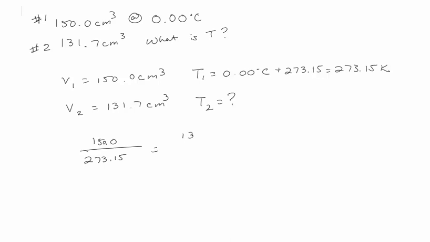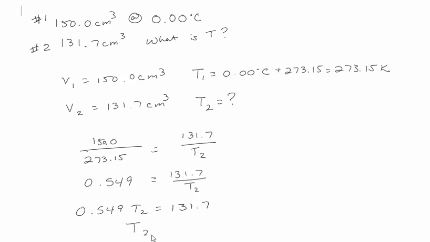And that is equal to 131.7 over T2. Now the algebra here, you multiply both sides by T2. Now I divide both sides by 0.549. And I get a value that is 239.82. I'm giving you too many digits on purpose, 857 K.